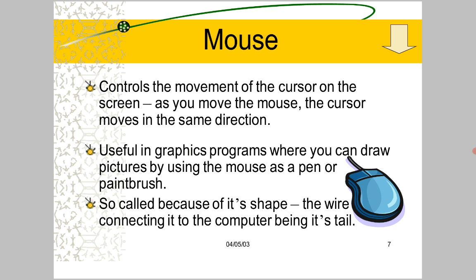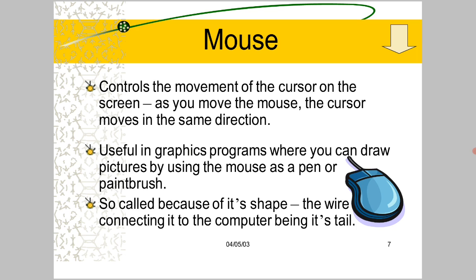So another important input device is the mouse. Generally, a mouse has two buttons, a left button and a right button, and has a pointer indicated on the monitor or screen where the exact position is placed or typed. Mouse controls are used to move the cursor on the screen.